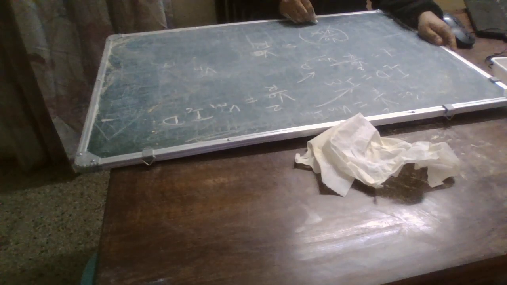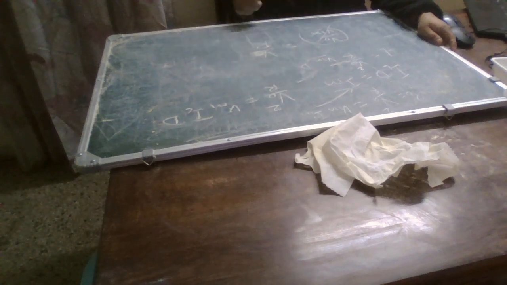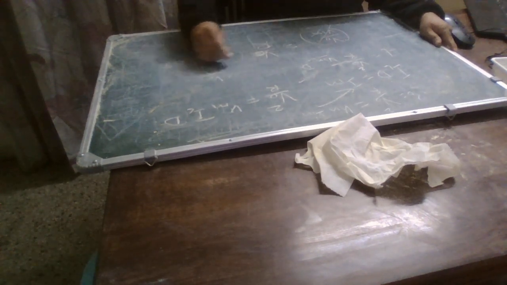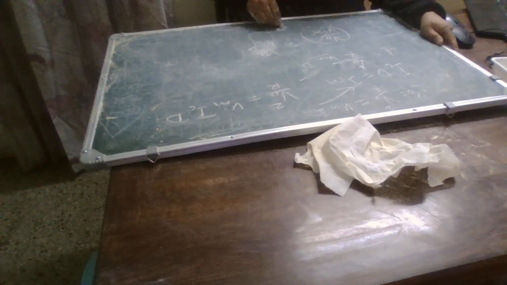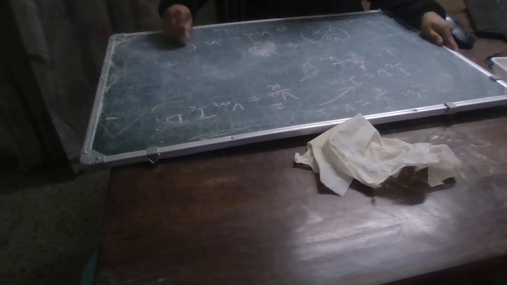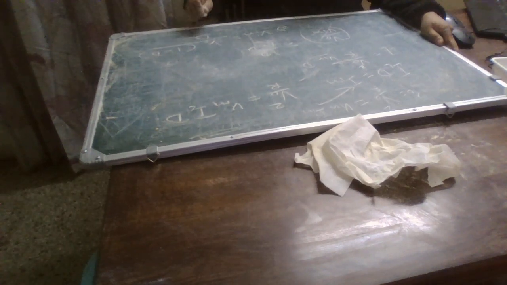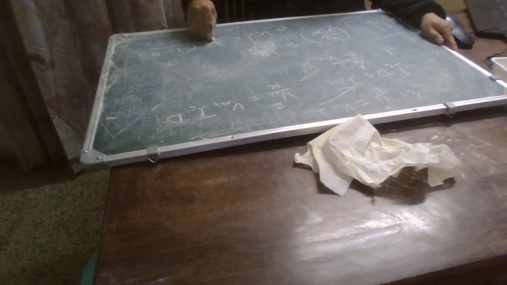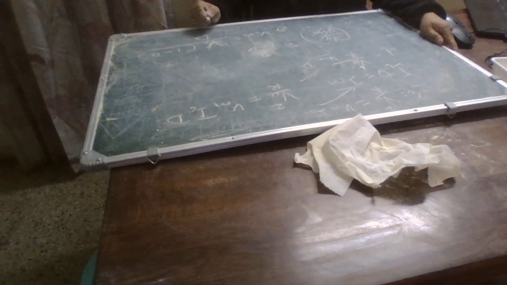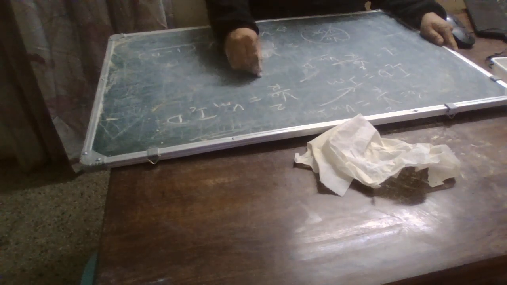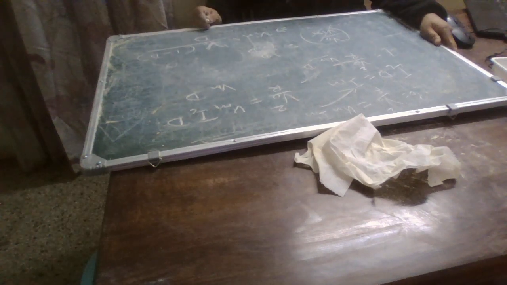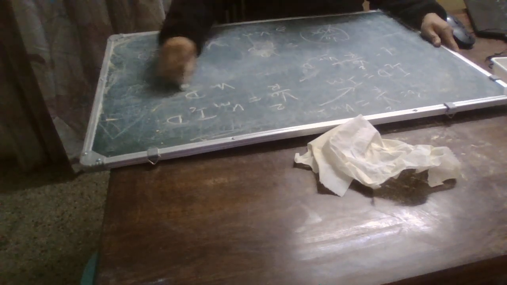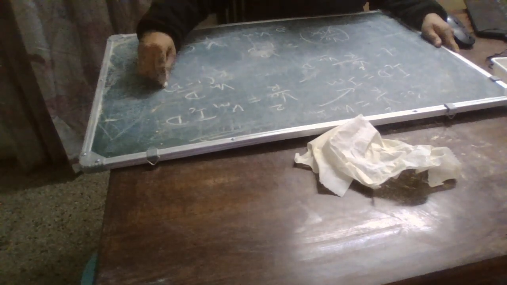The conversion ratio is D upon 1 minus D, and in terms of V input, V input is V naught times 1 minus D upon D. Putting this here, we get I_L equal to V input D upon R times 1 minus D whole square.